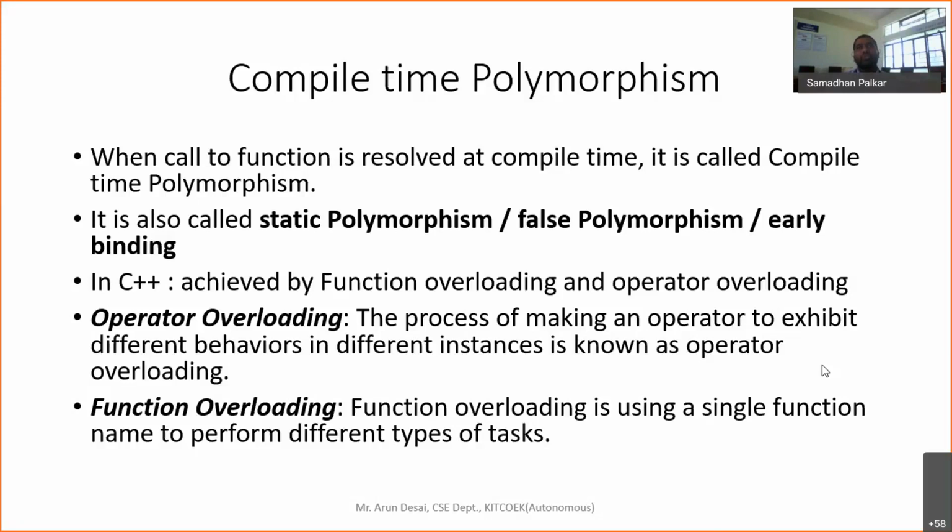The same terminology applies to function overloading. When a single function is used for different tasks, that is function overloading. So compile time polymorphism is achieved in two ways, by operator overloading and by function overloading, right?